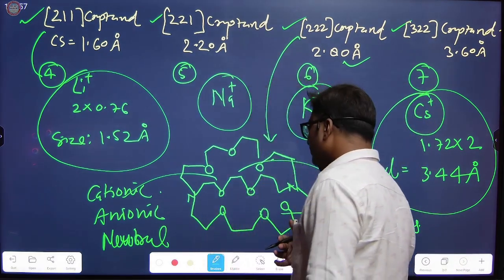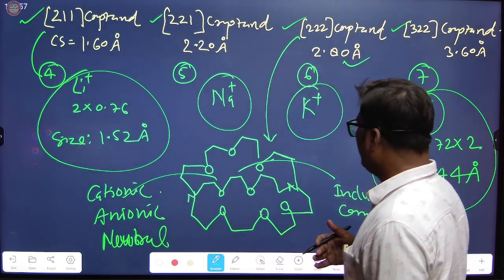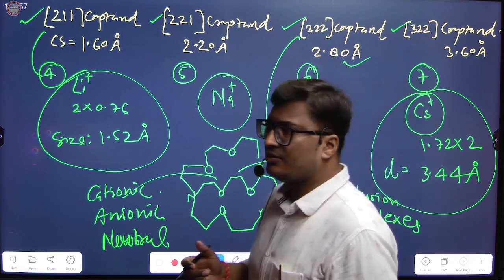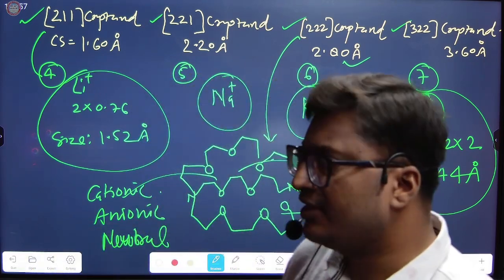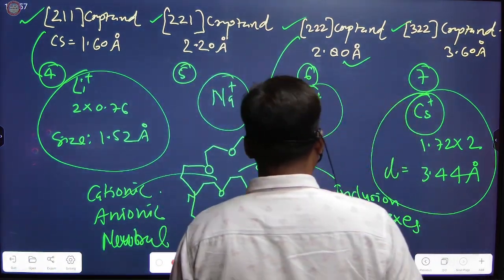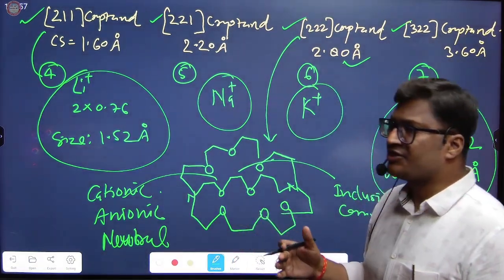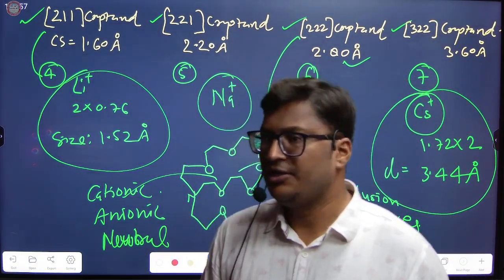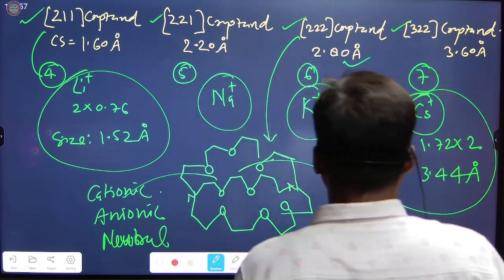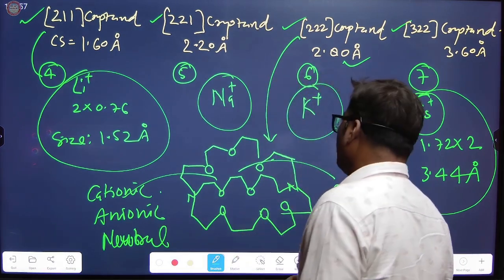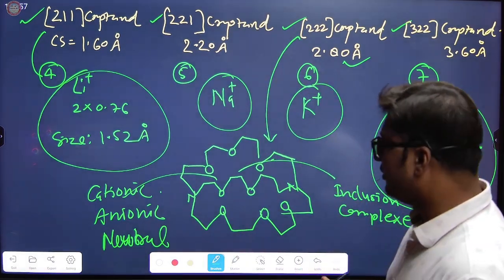Another one is that such type of ligand is lipophilic in nature. It means it can bind lipids or fats in its host, because cryptand and cryptate chemistry is based on host-guest interaction.